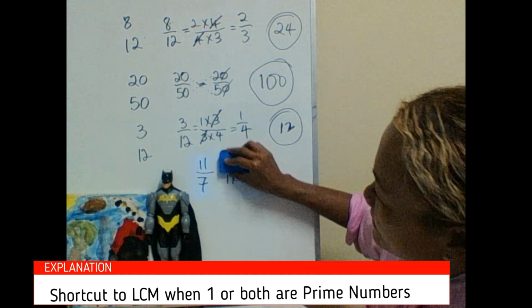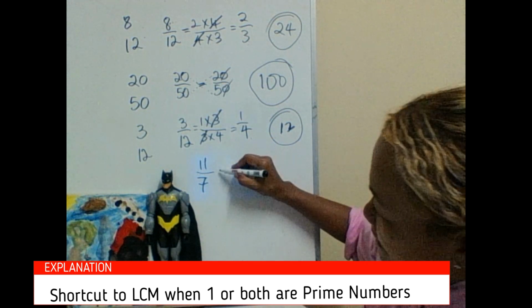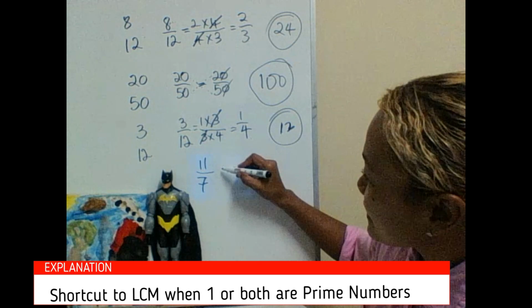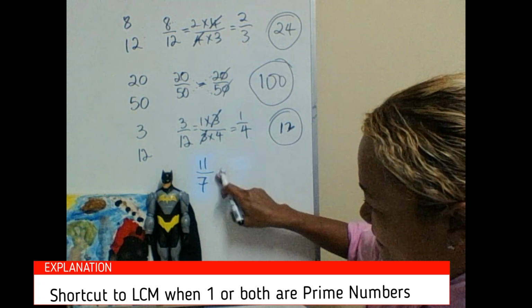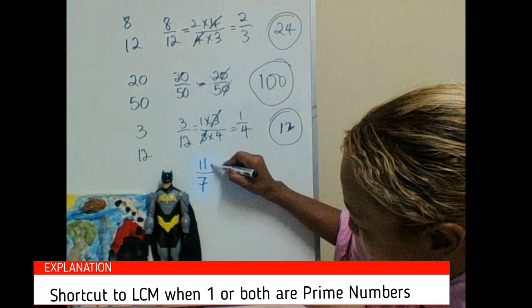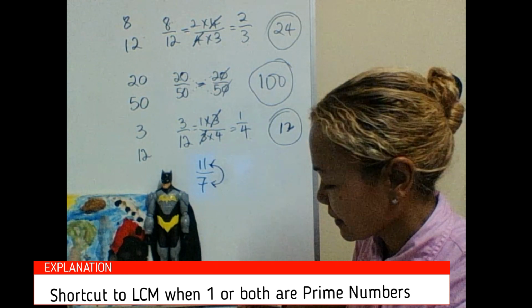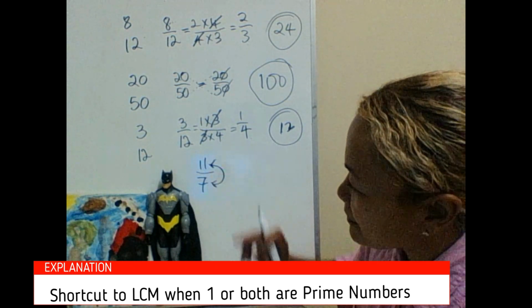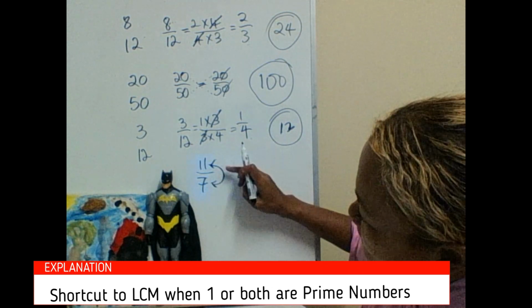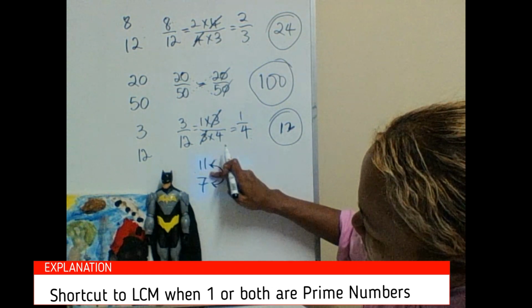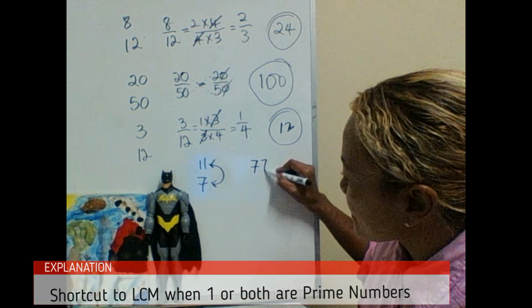So in that case, when you have two prime numbers, what you will do is you will just multiply that by this one. So 11 multiplied by 7, and the answer there would be 11 sevens, 77.